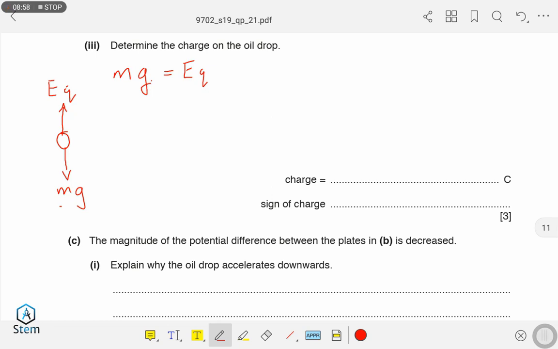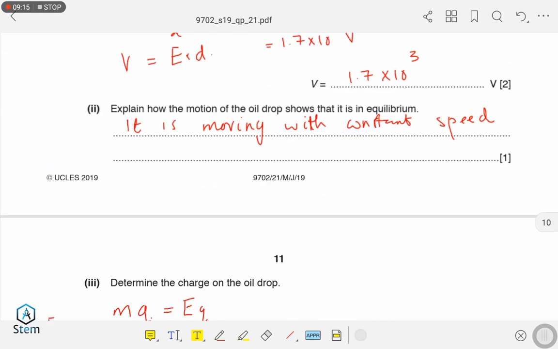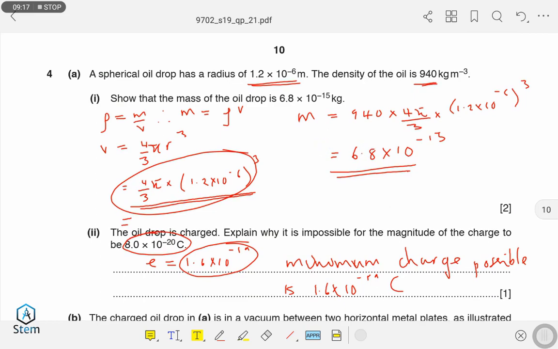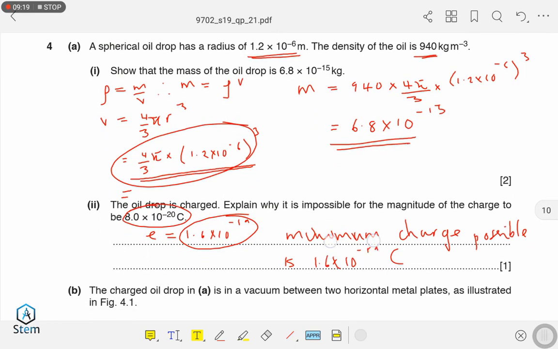Alright, now once we have that, we can substitute the rest. So Q is equal to mg divided by E. We have already calculated the value of m, and we found out that it is equal to, let me just quickly check, 6.8 times 10 to the power minus 15.